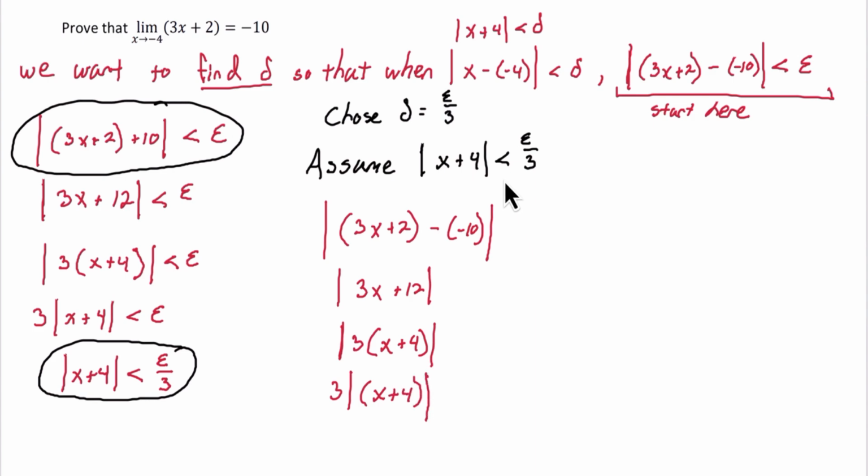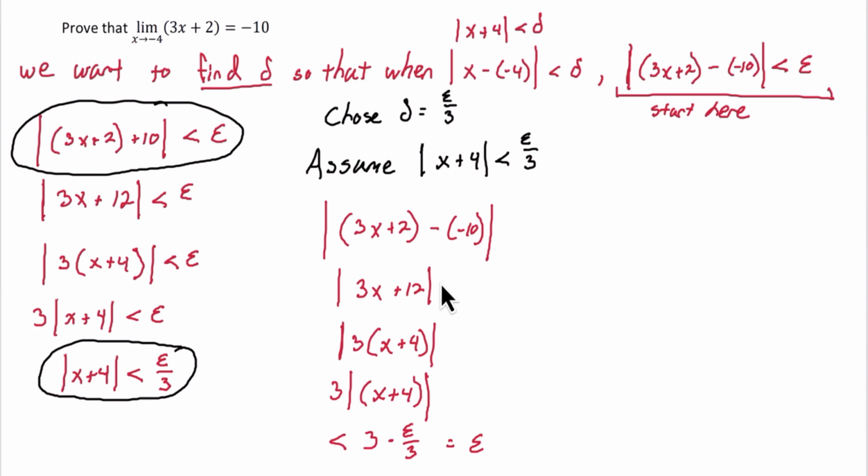At this point, it gets a little different from what we did earlier. We know that the quantity absolute value of x plus 4 is less than epsilon over 3. So we can say that this expression is less than 3 times epsilon over 3, which we know to be epsilon. So we started with assuming the delta statement, absolute value of x plus 4 is less than delta, which we rewrote as epsilon over 3.